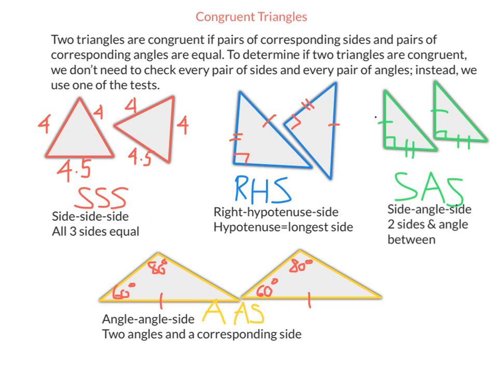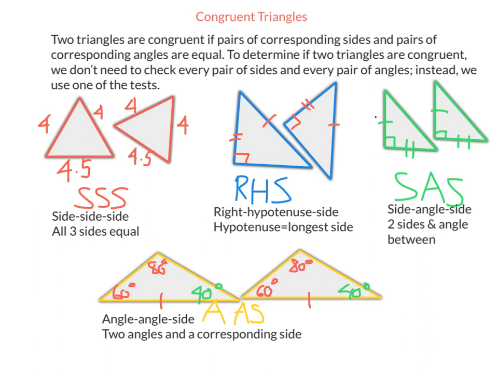So in this triangle, of course, the third angle would have to be 40 because angles in a triangle always add up to 180. This is the largest angle in both triangles, so the side opposite must be the longest side. These two sides are corresponding. Firstly, they're both opposite the 80-degree angle. Secondly, they must be the longest side in their respective triangles. That's why the AAS test works.